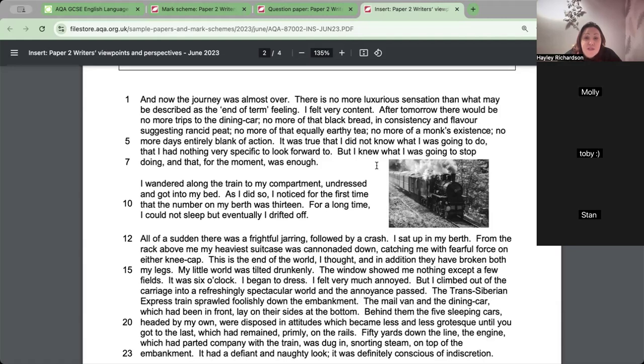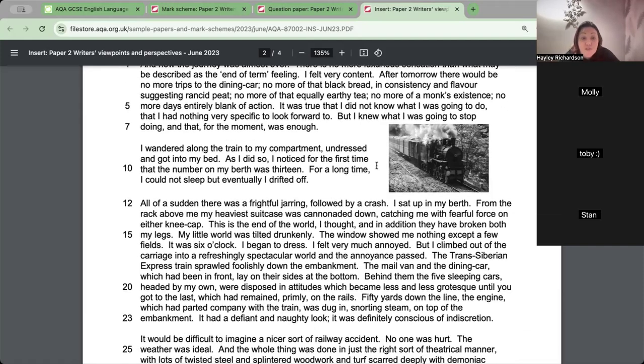It was true that I did not know what I was going to do, that I had nothing very specific to look forward to, but I knew what I was going to stop doing, and that, for the moment, was enough. I wandered along the train to my compartment, undressed and got into my bed. As I did so, I noticed for the first time that the number on my berth was 13. For a long time I could not sleep, but eventually I drifted off.